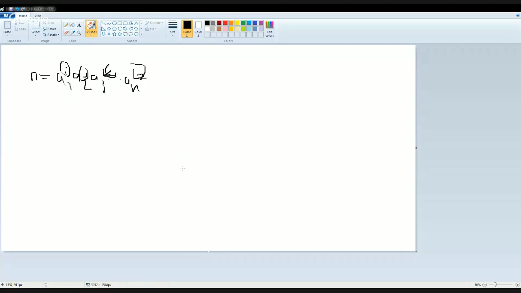So they all have to be even. To count the number of factors, you just multiply all these even numbers plus 1. When you're counting the number of factors, you just multiply the exponents plus 1.